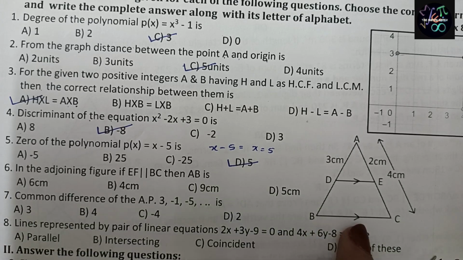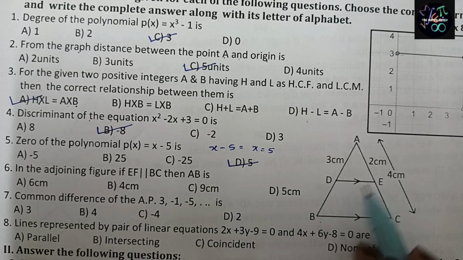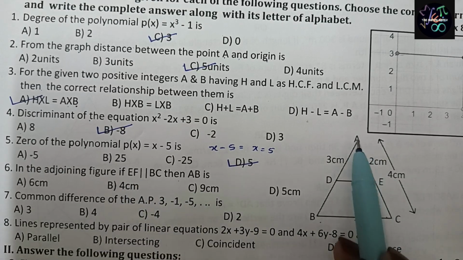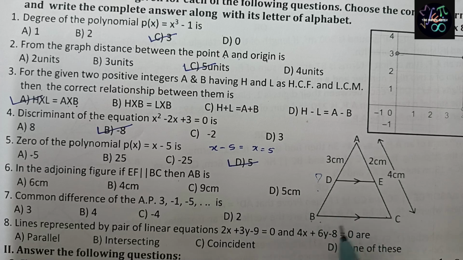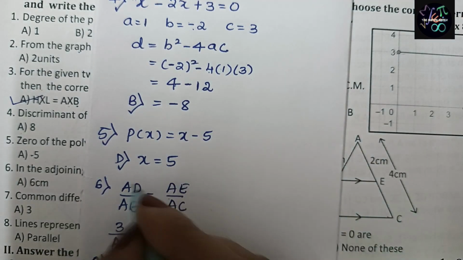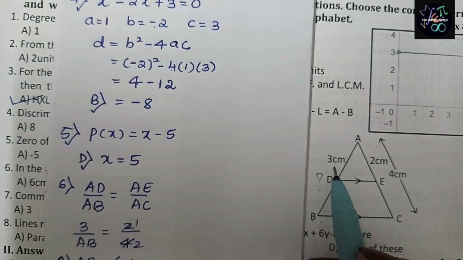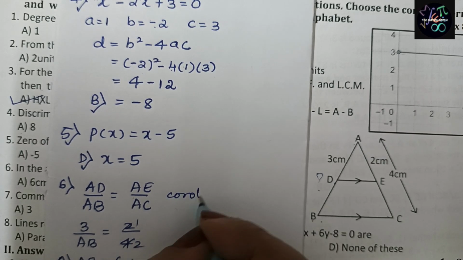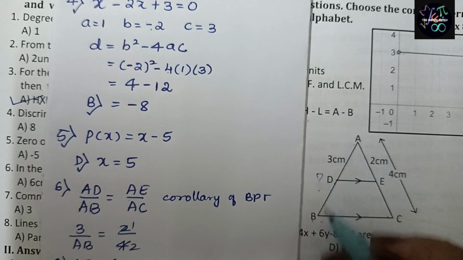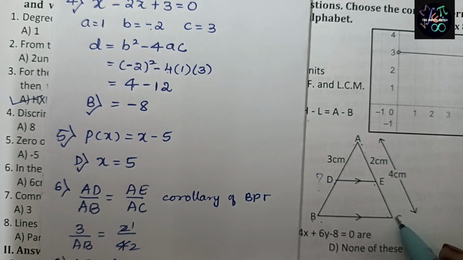In the figure, DE parallel to BC, and they have told EF, that is my mistake here. Then AB value we have to find. We know that by BPT, AD by AB, corollary of BPT, AD by AB equals AE by AC, I have written.